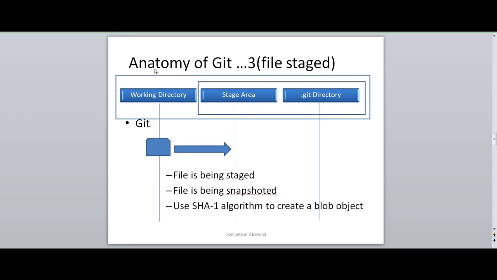Then we are staging, as in taking a snapshot. As we've seen in the diagram, we are simply creating a snapshot, which is the binary format referred by the SHA-1 algorithm to create the blob object.